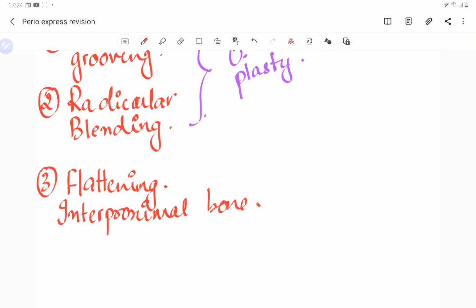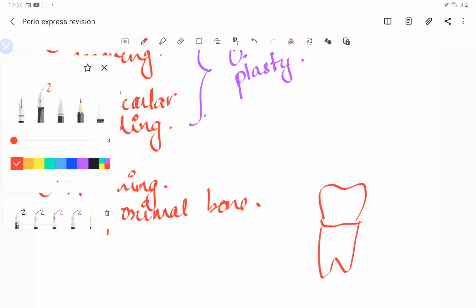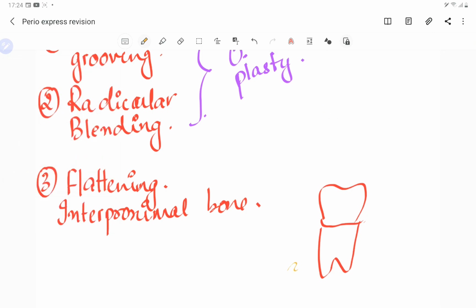First of all, we make the grooves, then we blend the grooves, which is the radicular blending. Then we flatten this interproximal bone. Say suppose if bony ledges are present, suppose this is the tooth, and the bony contour is such that the resorption is like this.